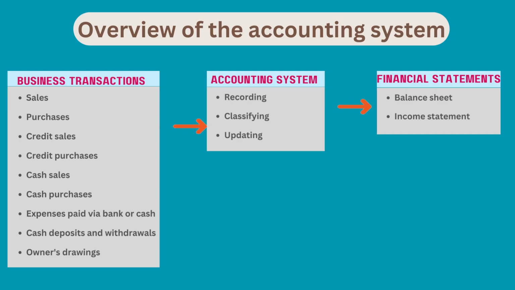To maintain a record of all sales, revenue, purchases, and expenses incurred by a business, transactions are recorded in an accounting system. Upon recording transactions in an accounting system, the generation of the two key financial statements, the balance sheet and the income statement or profit and loss statement, becomes possible.